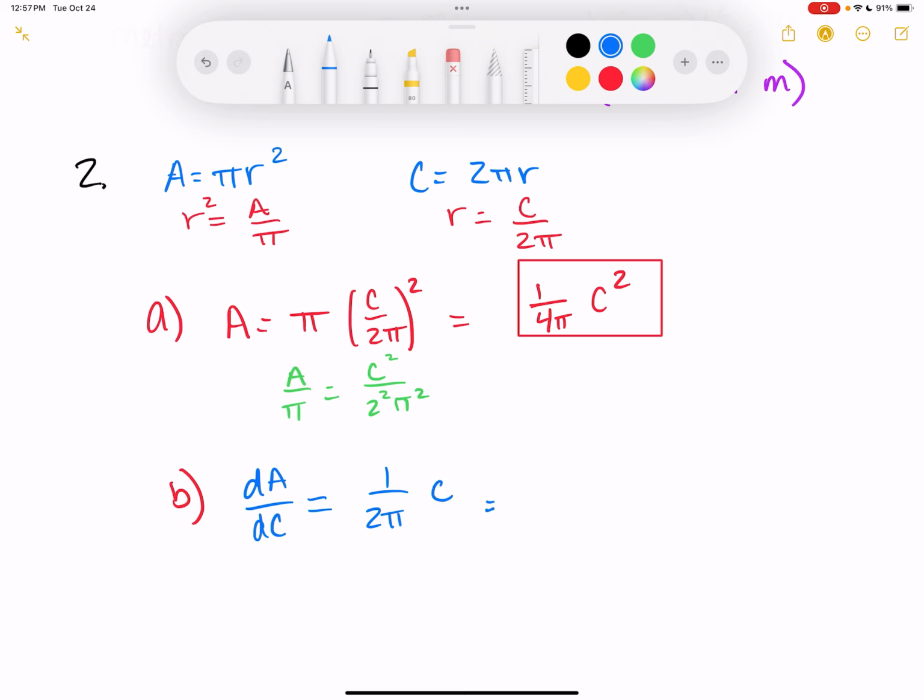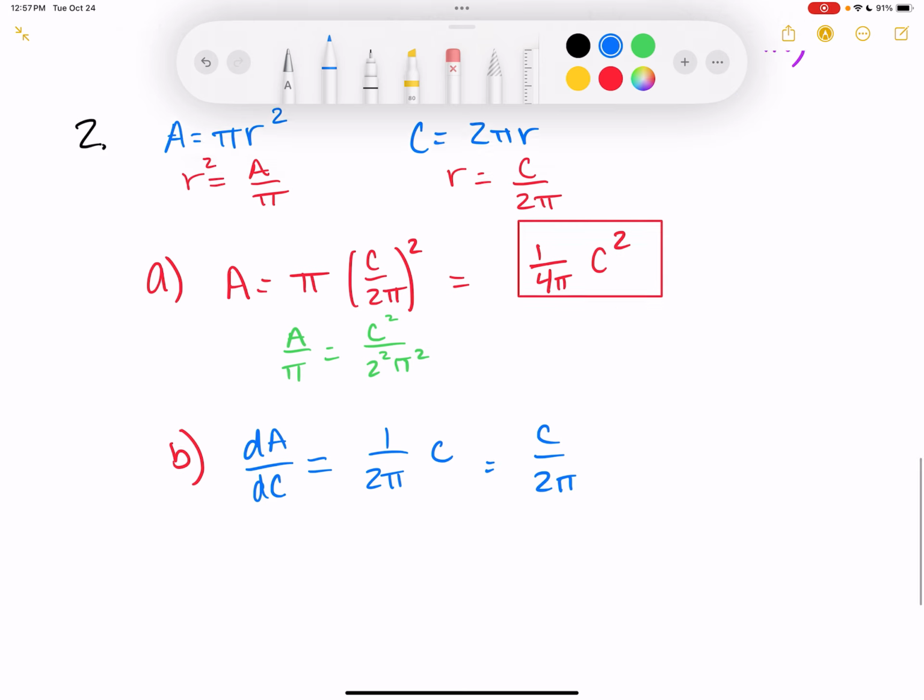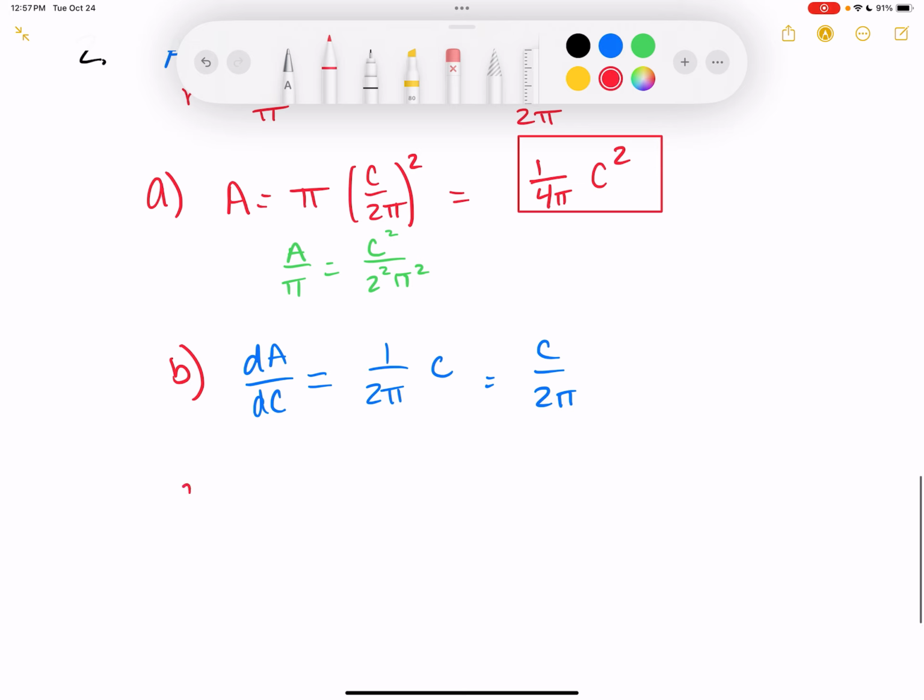Or we can say C over 2 pi. That's all the same thing. Are we tracking, everyone? Yes.